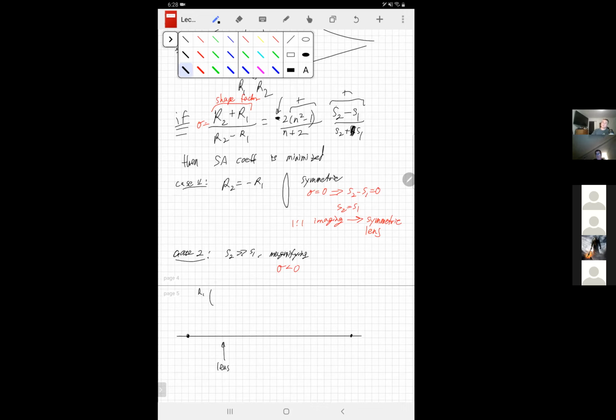If we guess that R1 is positive, then in order to have sigma be negative, let's see here, if this was bulging outward by more, sigma is R2 plus R1 over R2 minus R1.